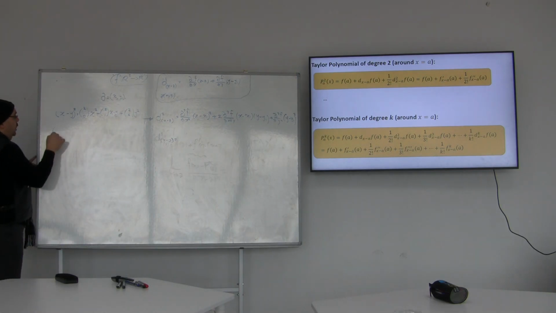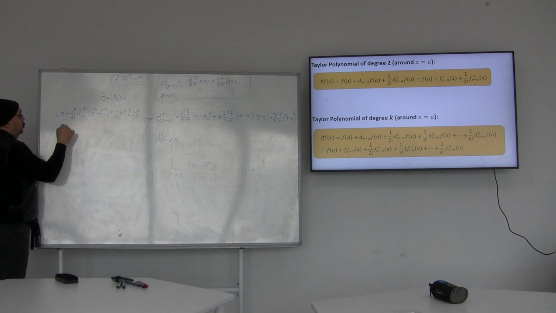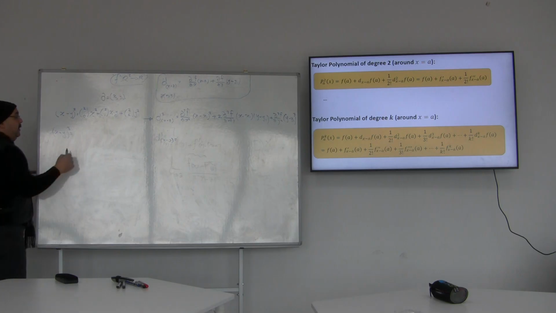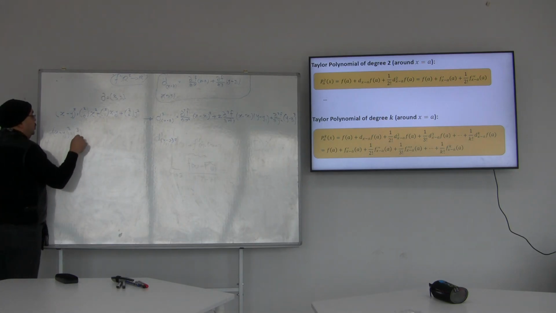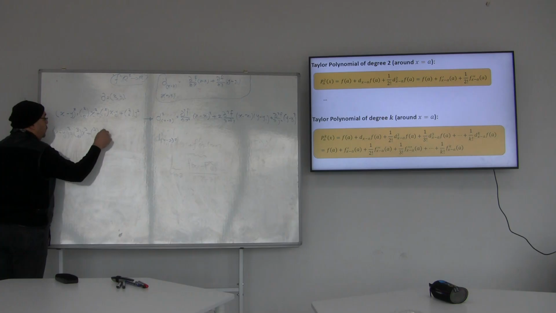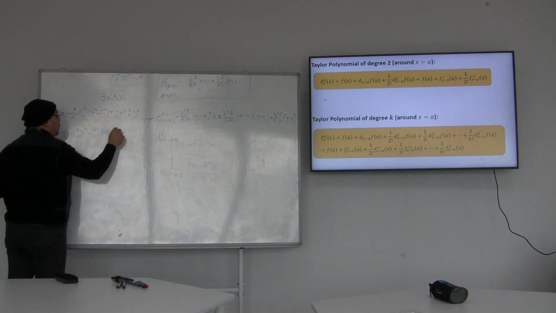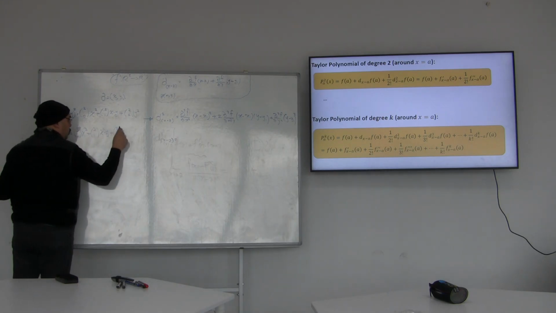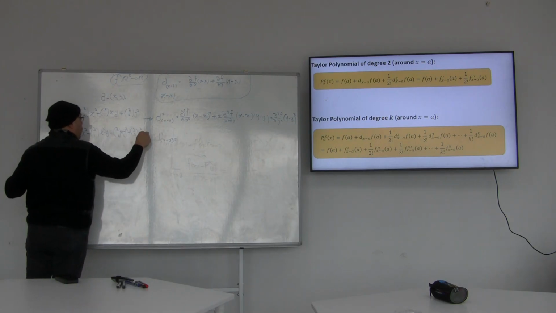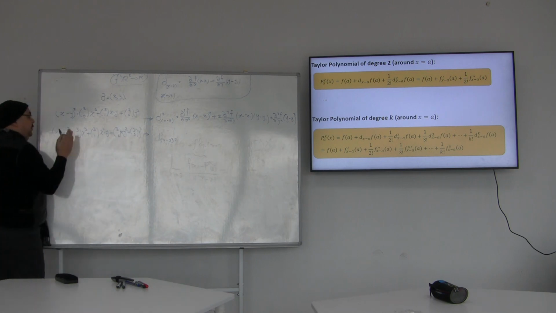In a similar manner, if I have (x minus y) to the power of 3, the binomial expansion is going to be 3 and 0 of x cubed, then plus 3 and 1 of x squared times y, then plus 3 and 2 of x times y squared, then plus 3 and 3, x to the power of 0 times y cubed.